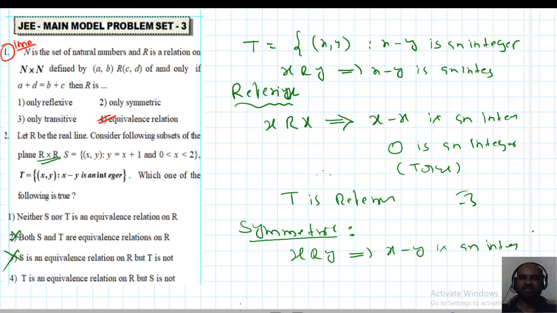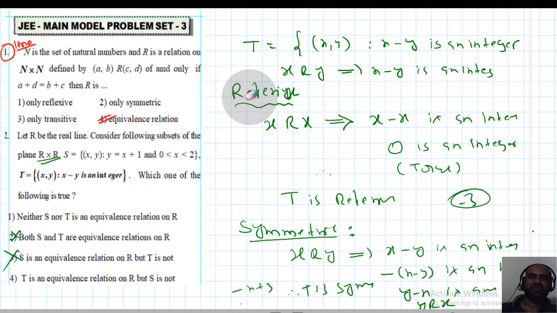If minus 3 is an integer, 3 is an integer, and minus 3 is also an integer. So if x minus y is an integer, then minus of (x minus y) is also an integer. Opening the minus, we get minus x plus y, or y minus x, is an integer. So x related to y means x minus y is an integer, and y related to x is what we got here. x related to y gives y related to x. Therefore, T is symmetric.